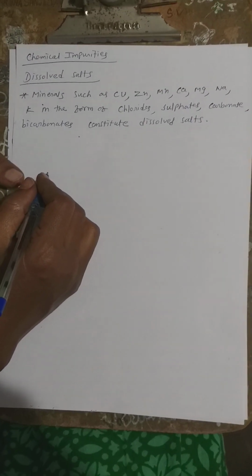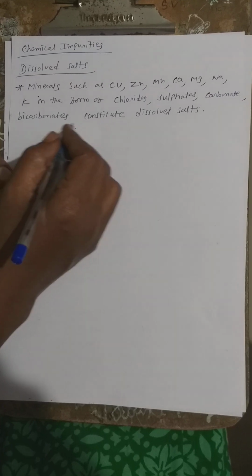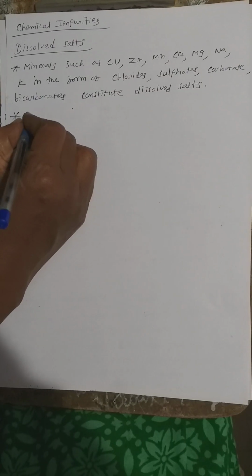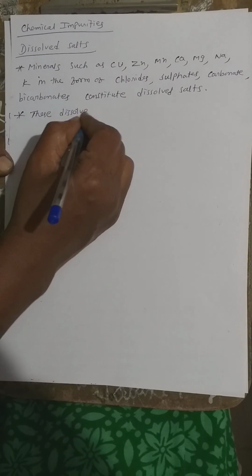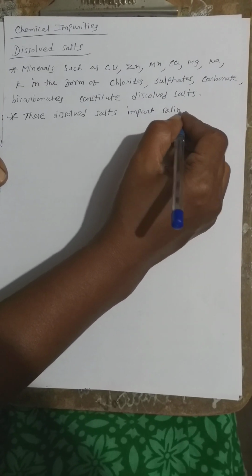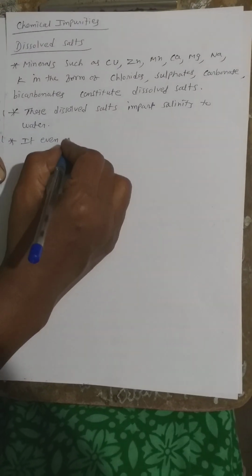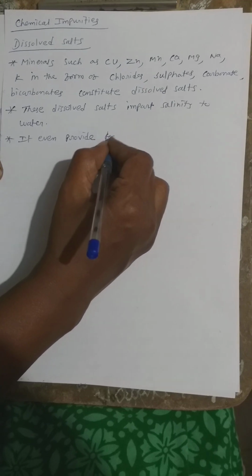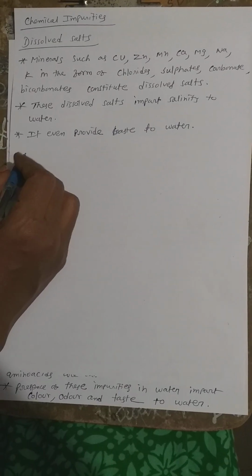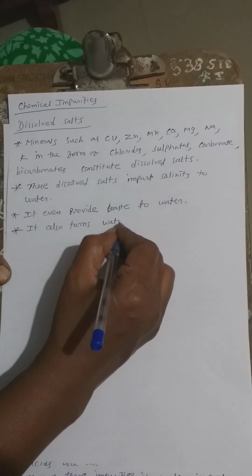All these minerals are present on earth. So water, during its flow on earth, gets mixed up with all these minerals, and these minerals in the form of salts get dissolved in water. These dissolved salts impart salinity to water. It even provides taste to water. It also turns water alkaline.